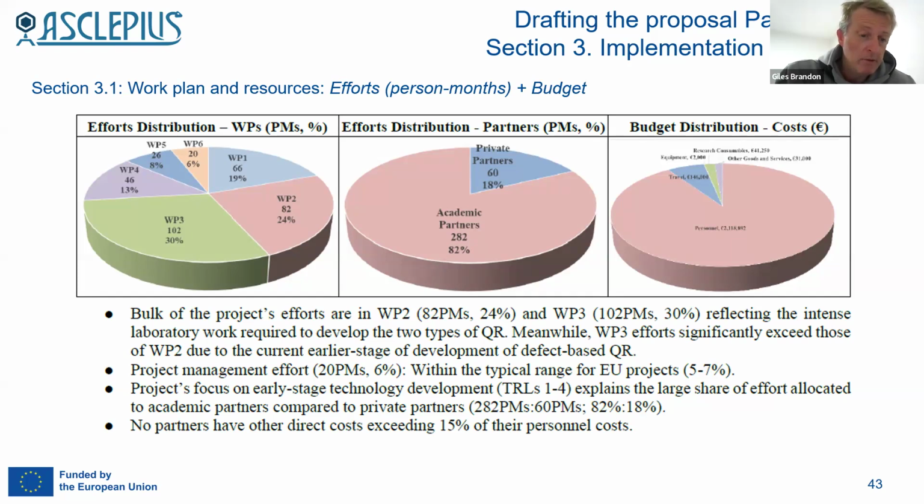Work package 5 on this particular proposal was the one dealing with dissemination, exploitation, and communication. My words of advice here: if you're doing a research and innovation action, allocate somewhere like 7, 8, 9% of person months to this work package.